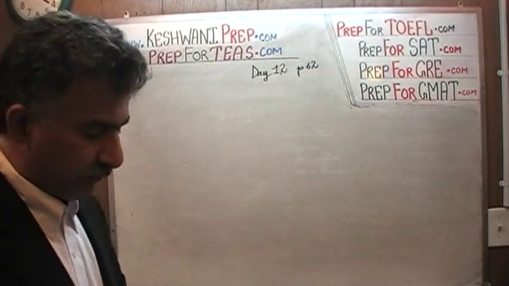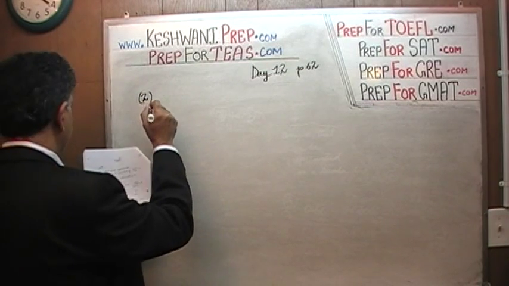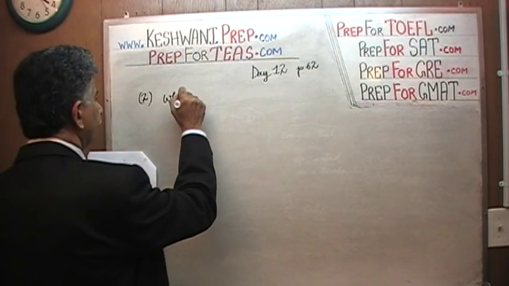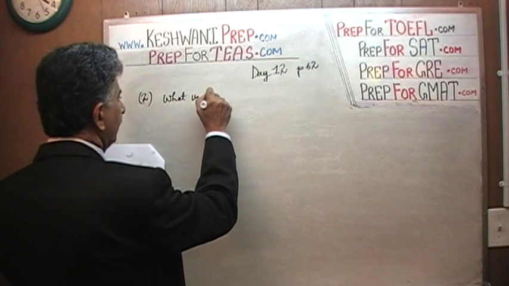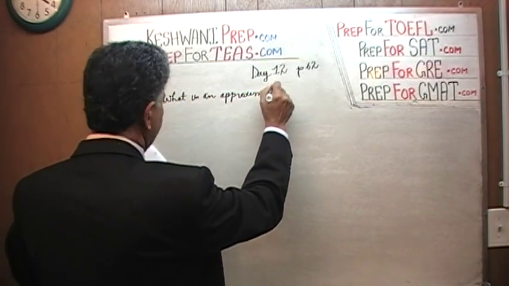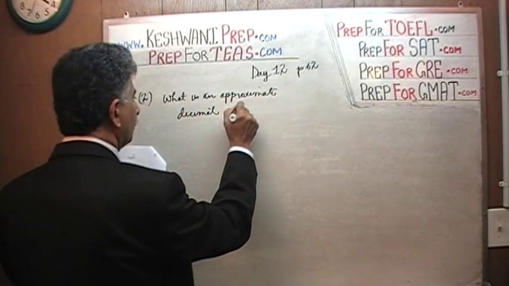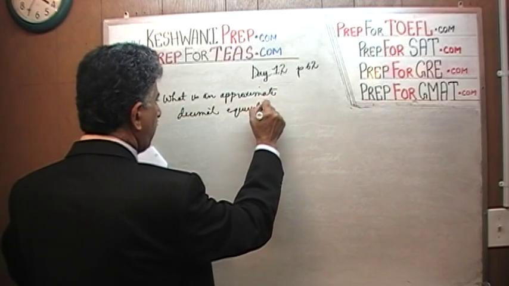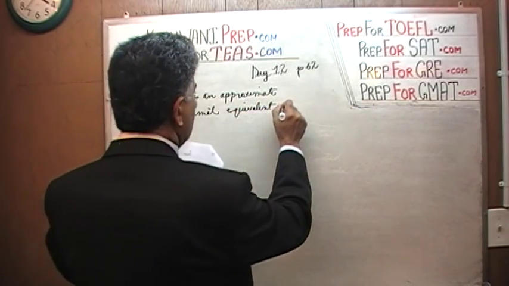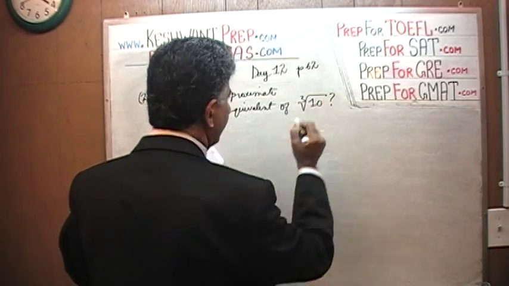Let's take a look at number 2 first, obviously. Number 2 says, what is an approximate decimal equivalent of cube root of 10?